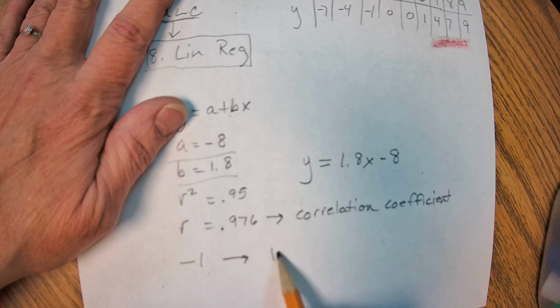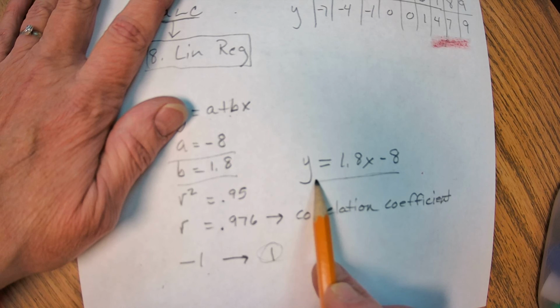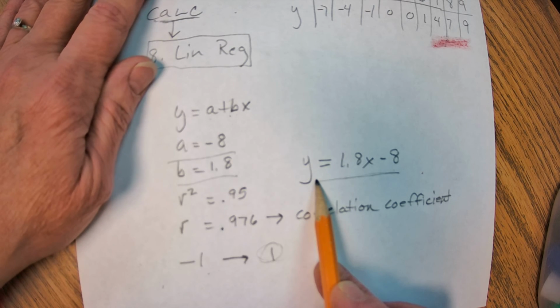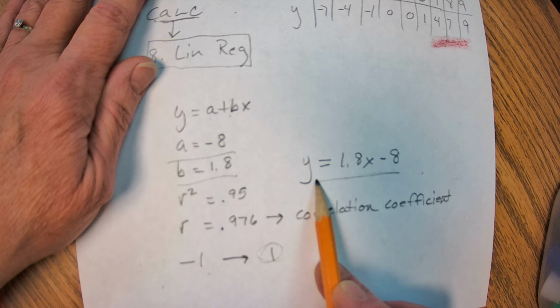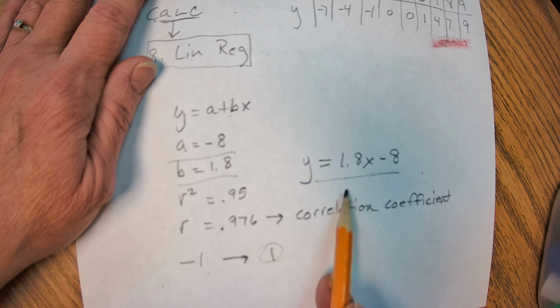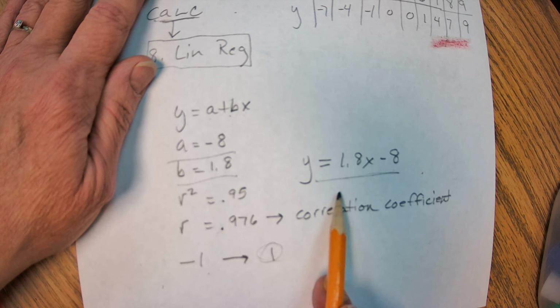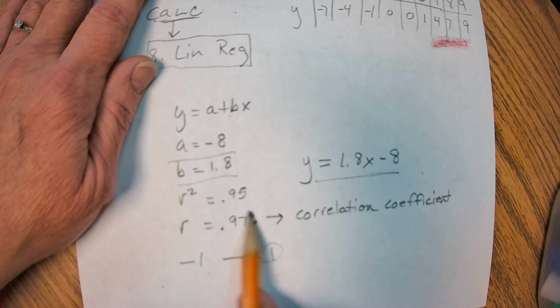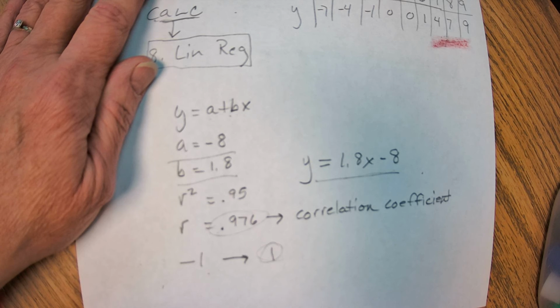So if your R value is really close to +1, that means that this is a really good fit for a positive correlation between X and Y. If the R value were close to -1, in other words, if this were a -0.97, then it would be a good correlation, a negative correlation between X and Y. Because our R value is 0.97, that's pretty close to 1. That means that this is a pretty good fit.